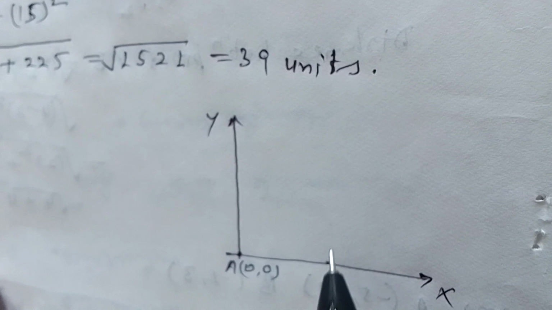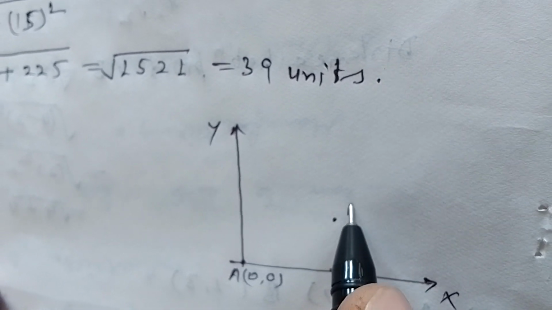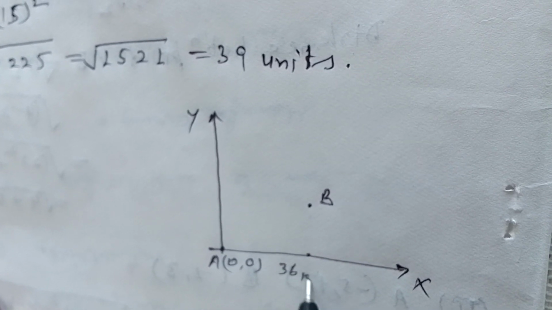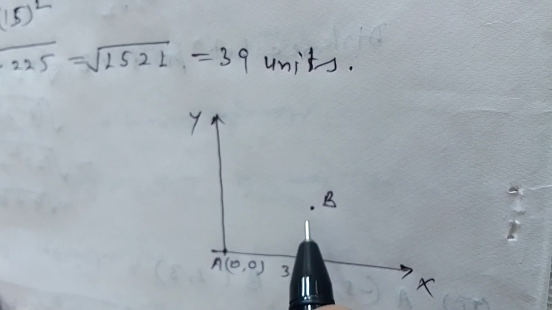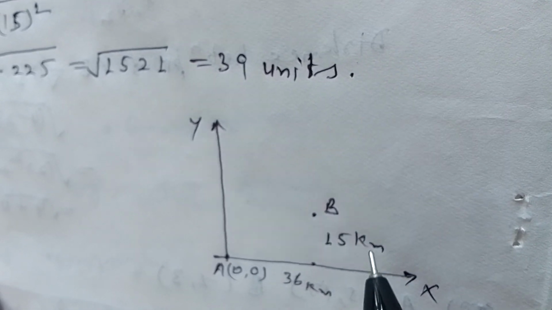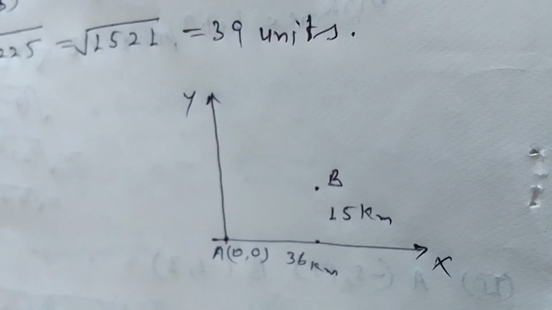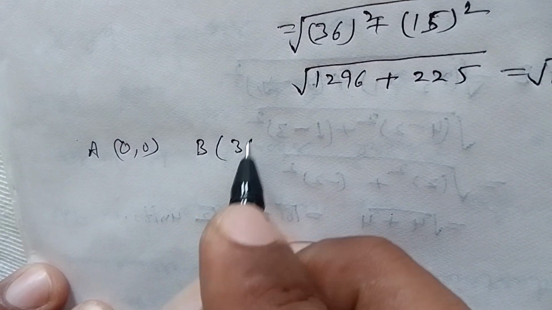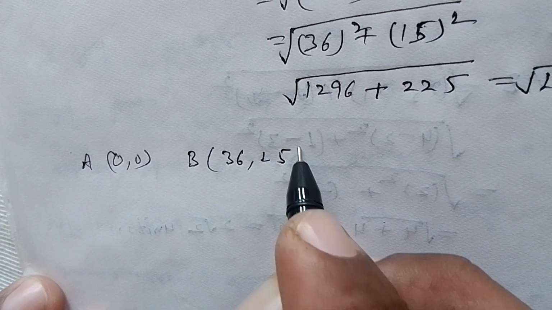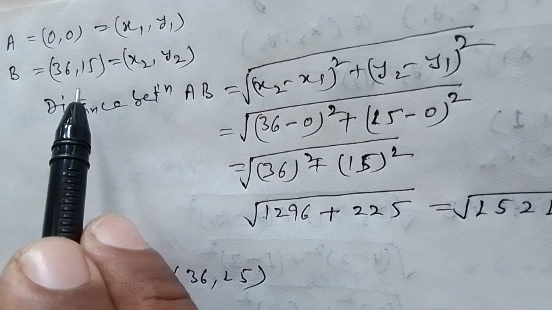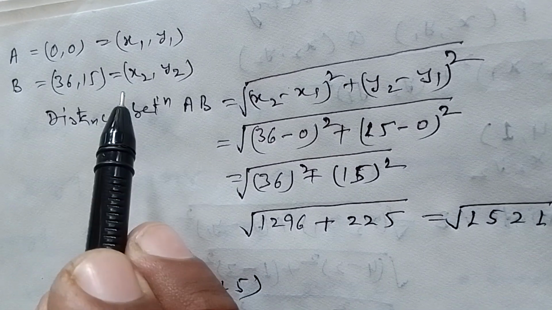Point B is given at this point, whose x coordinate is 36 kilometers, and from this point to this, the y coordinate is 15 kilometers. So the coordinates of these points will be A (0, 0) and B (36, 15), where 36 is the x coordinate and 15 is the y coordinate. The coordinates are the same as we have calculated in the above formula.